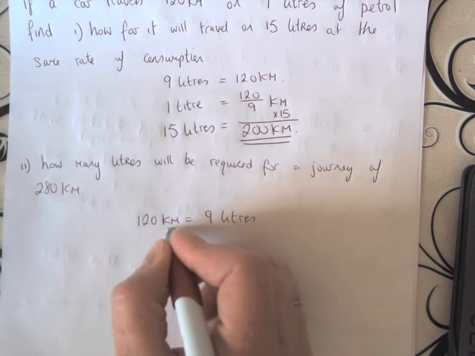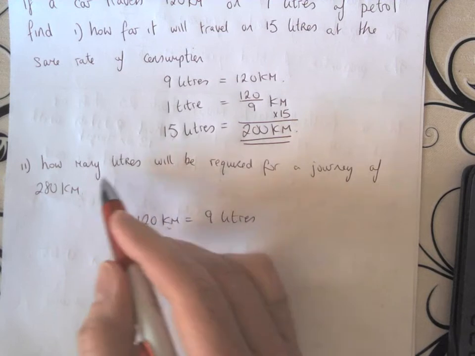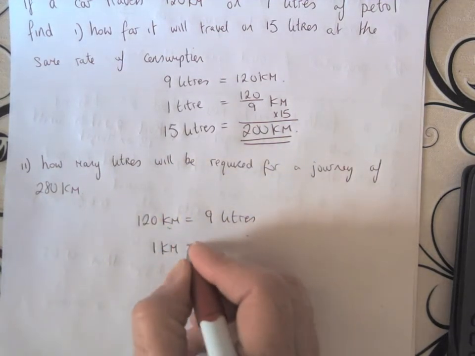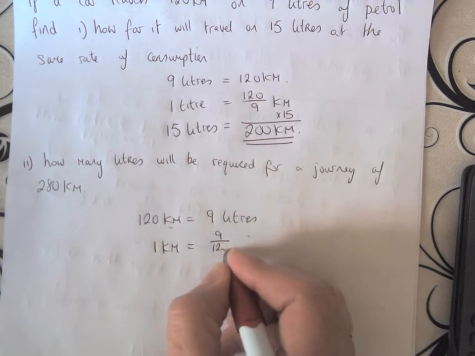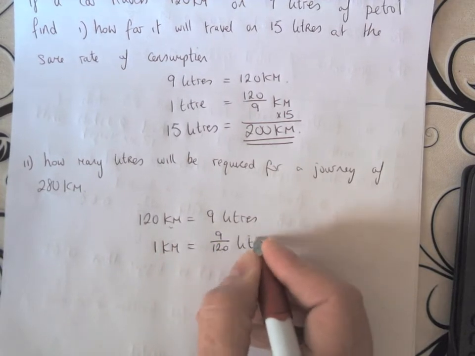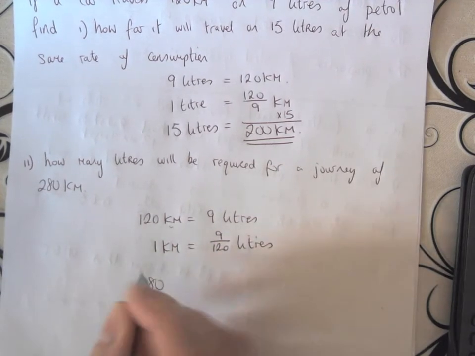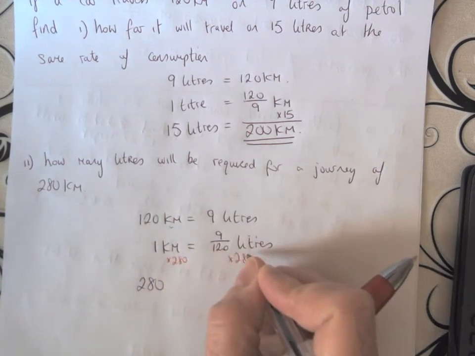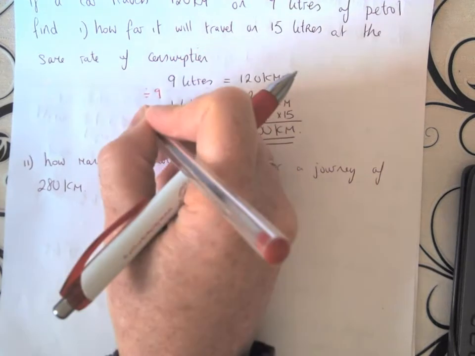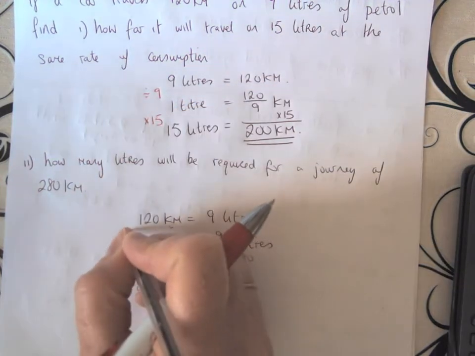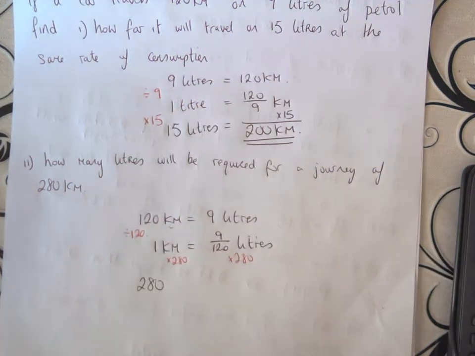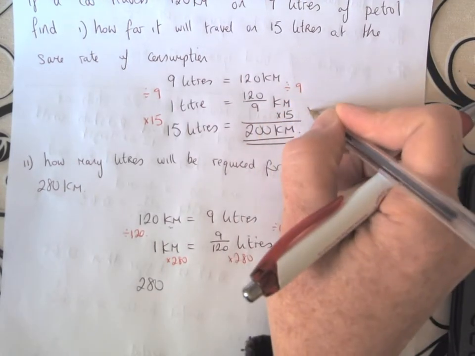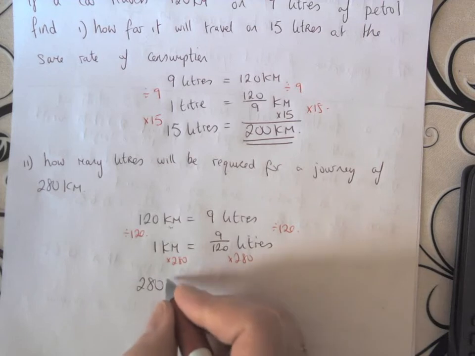So we want to change the kilometres, so let's write 120 kilometres equals 9 litres, and go down again to 1 kilometre, and then back up to 280. So multiply by 280. So here we're dividing by 9, multiplying by 15. Here we're dividing by 120, multiplying by 280.